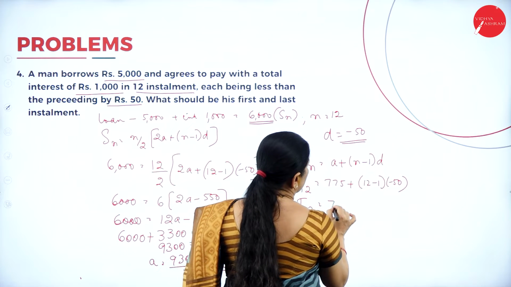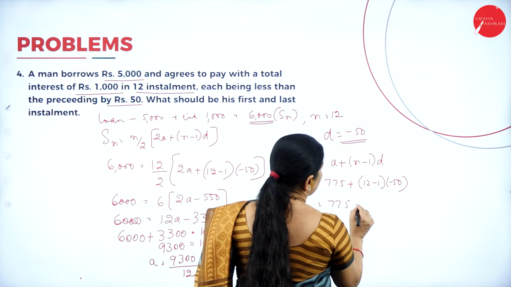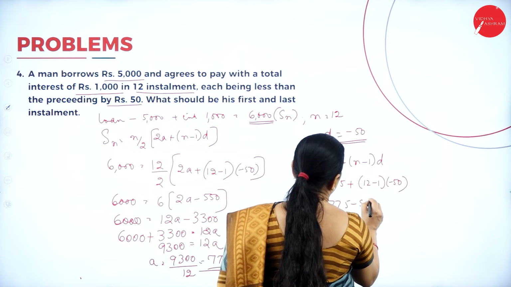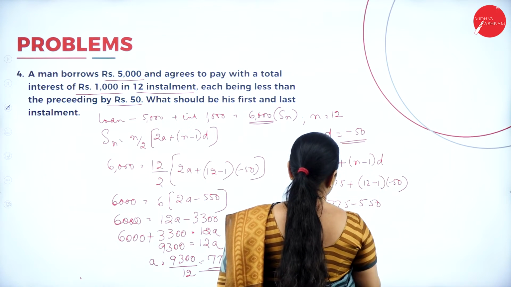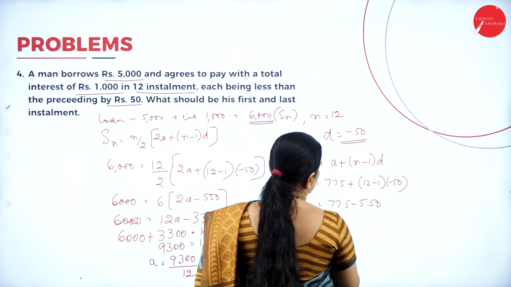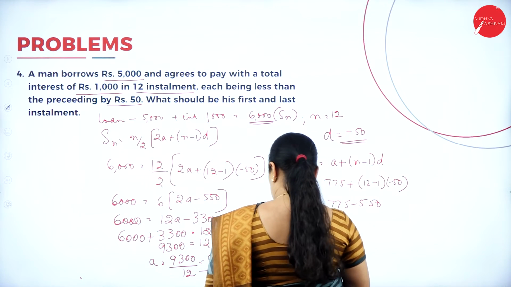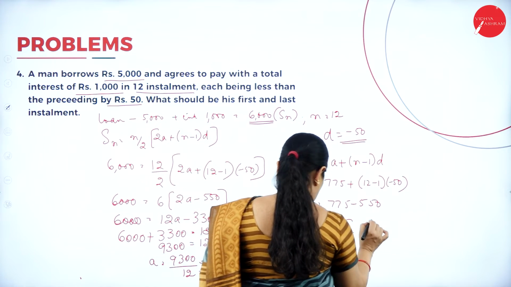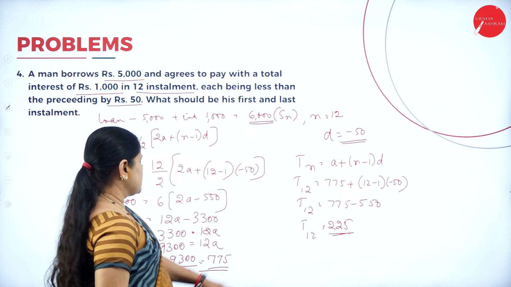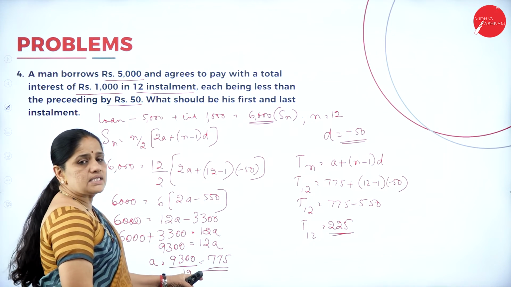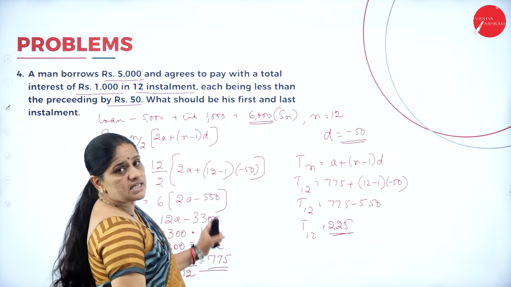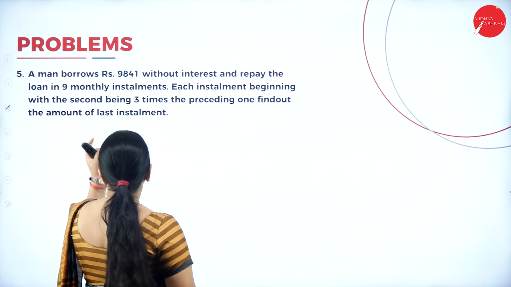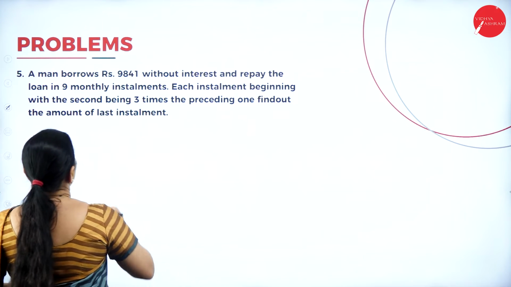So T12 equals 775 plus 11 into minus 50, so I get minus 550. So this T12 will be equal to 225 rupees. So the last installment he has paid is 225, whereas the first installment he has paid is 775 rupees.